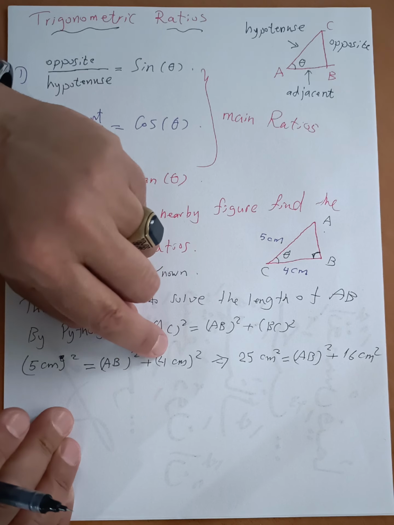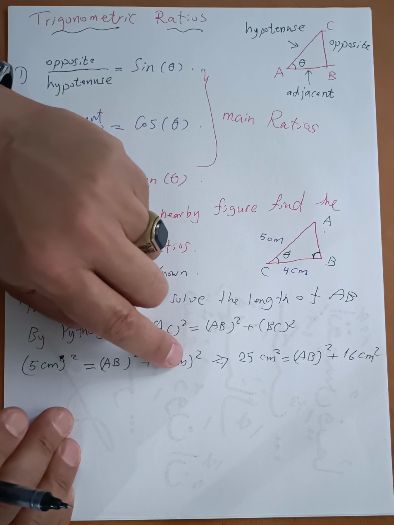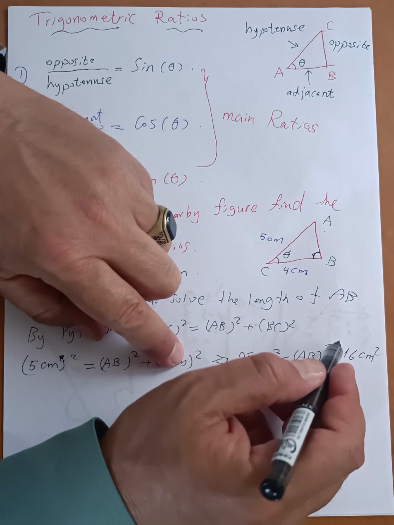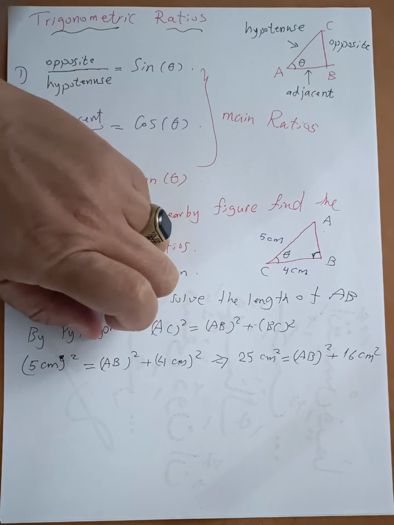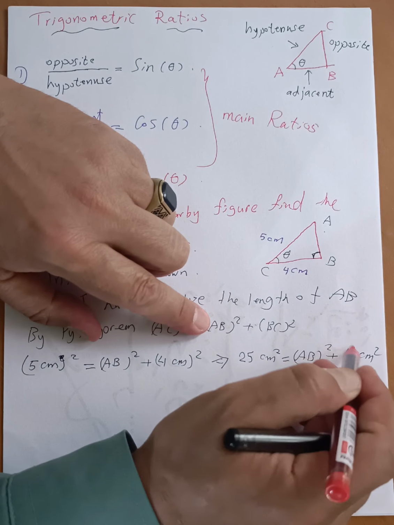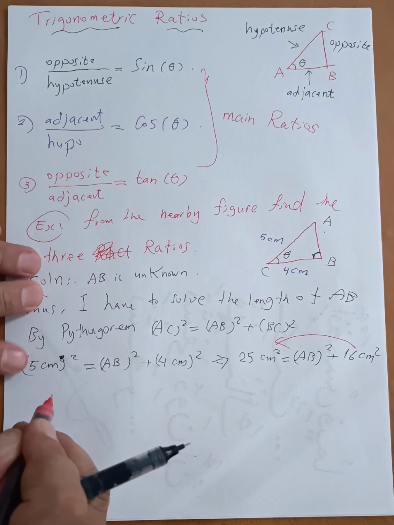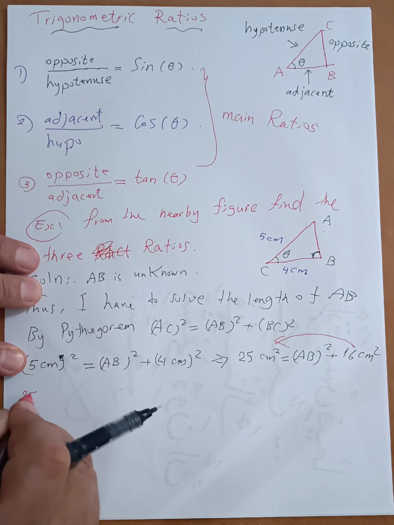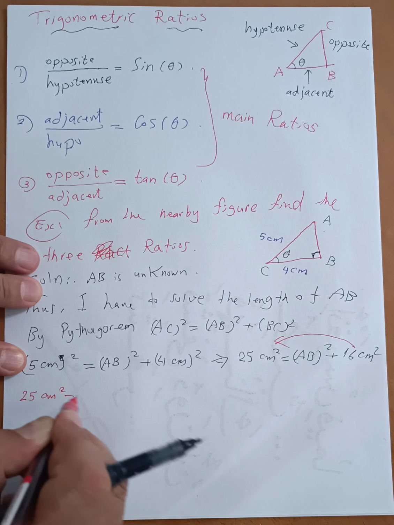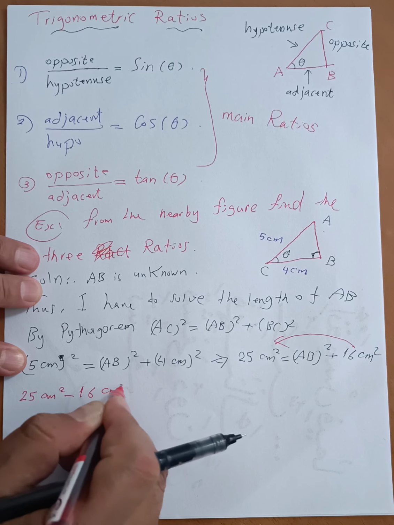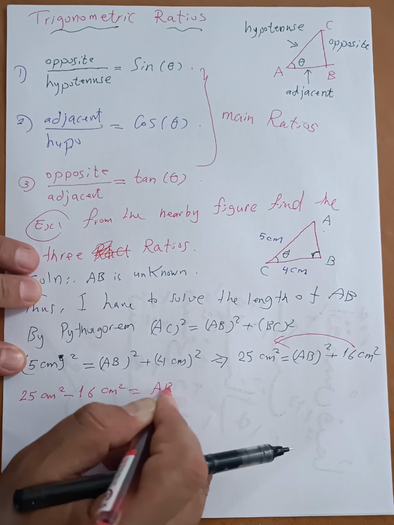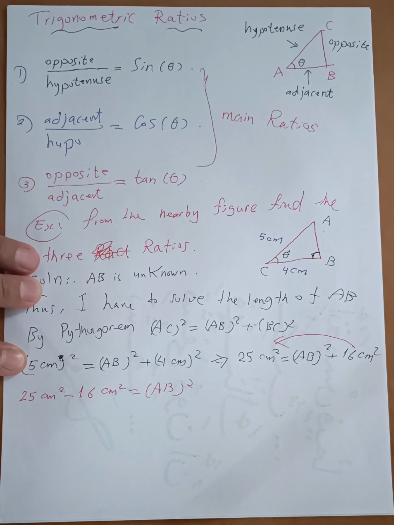Why? 4 times 4 is 16. Centimeter times centimeter is centimeter squared. Now, as an equation, I will move the letters to one side and the constants to the other side. I mean 25 centimeters squared minus 16 centimeters squared equals AB squared.